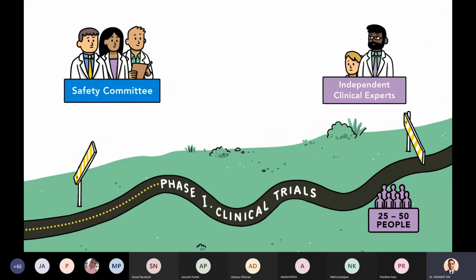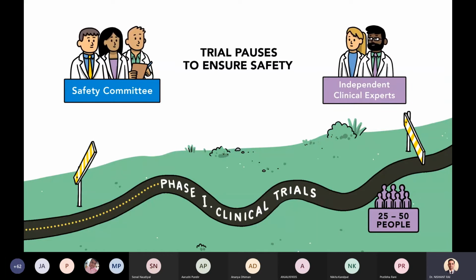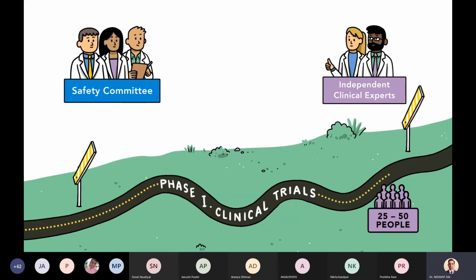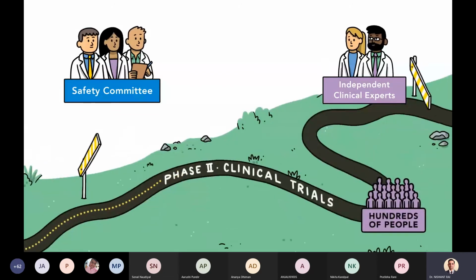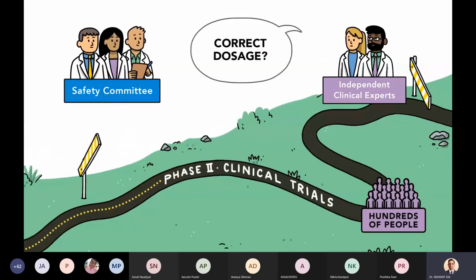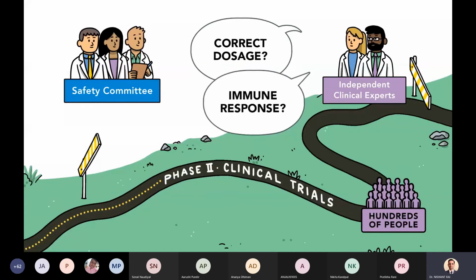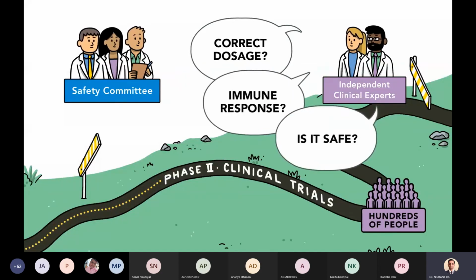The results of every phase are reviewed by independent clinical experts who assess the research team's findings. Sometimes they'll pause the trials to check the results, always making sure the candidate vaccine is safe. The next phase involves testing a larger group of people to find out the appropriate dose, whether it stimulates an immune response, and of course, to assess its safety.